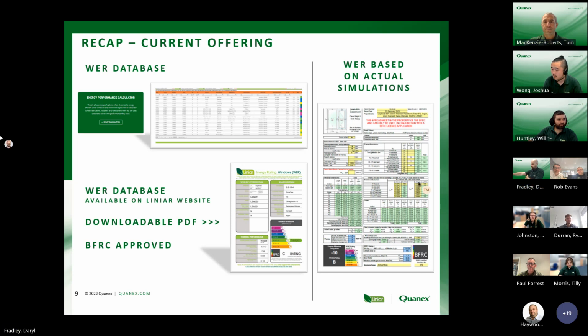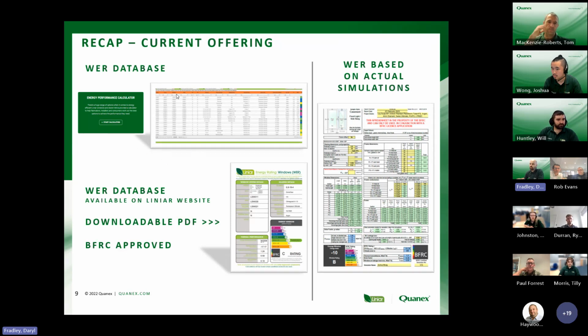Cheers, Tom. So what we're going to do first, we're going to recap now on the current method. This is a current method available for all our customers on how to search for U values and energy ratings of our products. So we have a WER database available on the website. That consists of around 4,600 simulations, which has been built up from over 10 years worth of work.